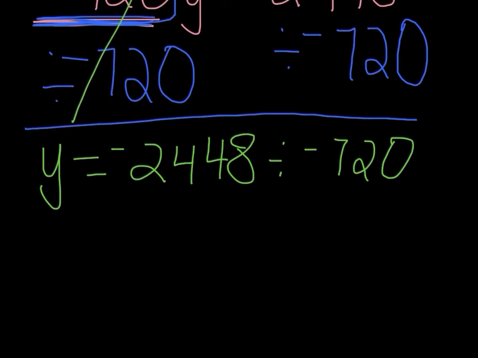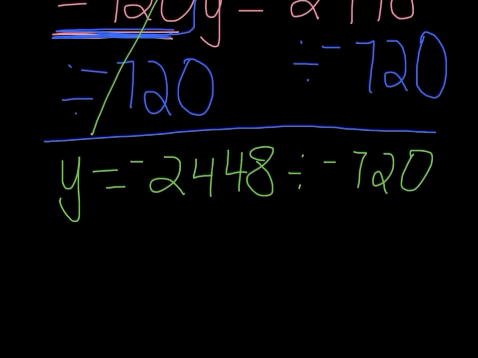Whenever I take a negative number and divide it by another negative number, my answer is positive. So y equals, and I happen to know that 2,448 divided by 720 equals 3.4.